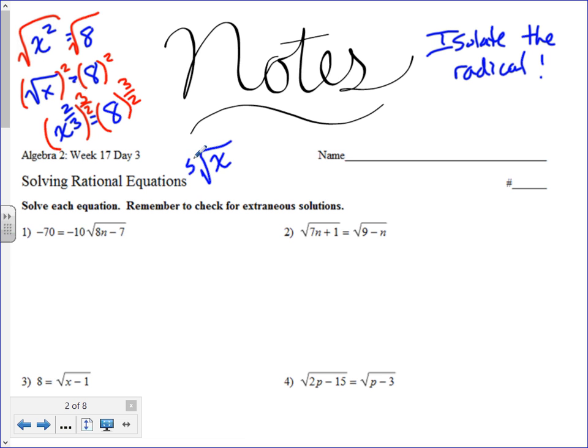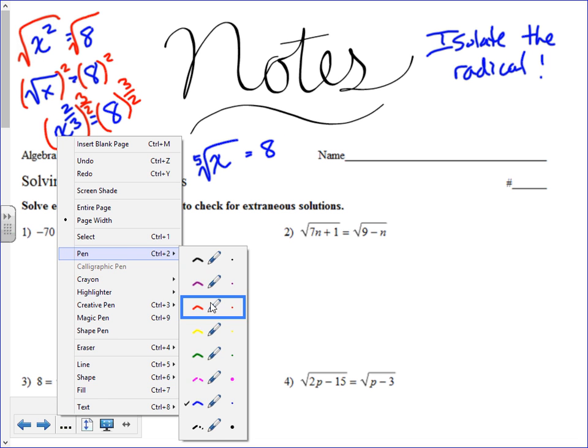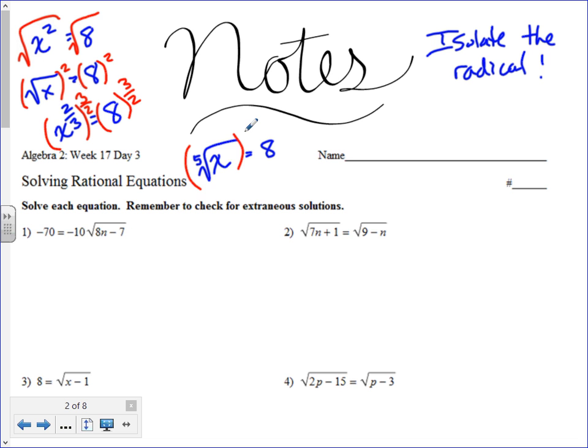If I say x to the 5th root, so this is a small 5 right here as the index, x to the 5th root. Yeah, you do a power or an exponent of 5. Okay. So those are our opposite operations questions.